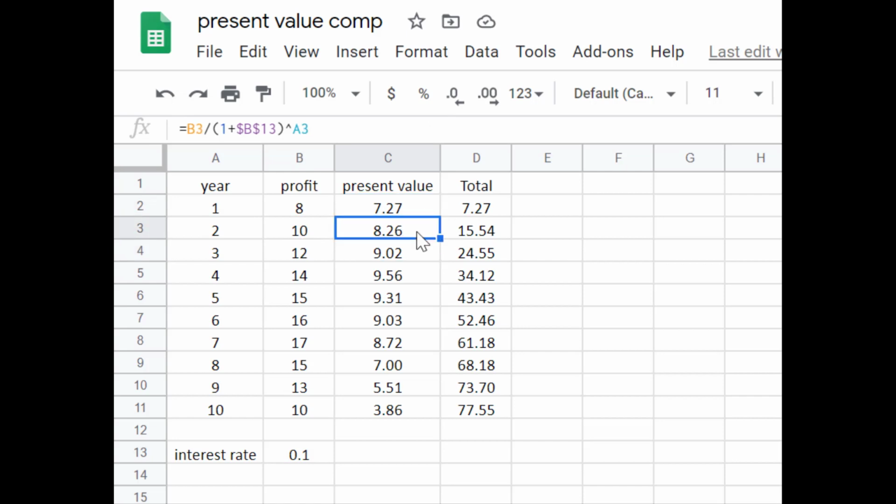If you move to the next row, row 3 in column C, you can see that except for $B$13, which is the 10% interest rate, the cell references B3 and A3 automatically adjust to include the profit in row 3 for year 2, and so on. So Excel will calculate once you enter the formula you want.